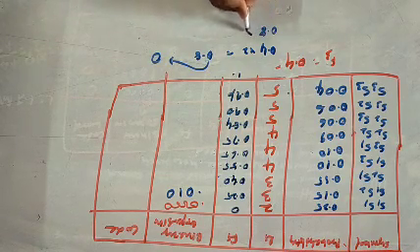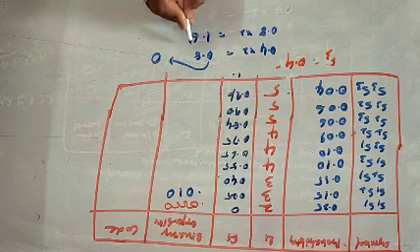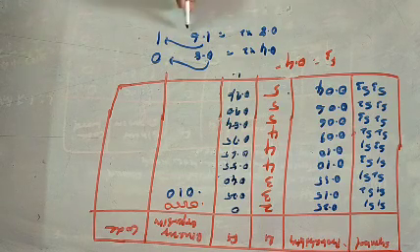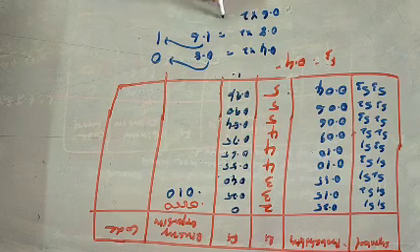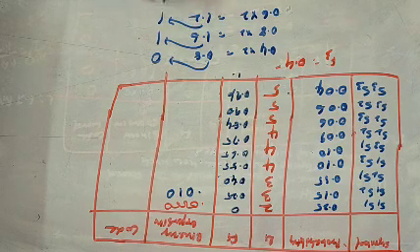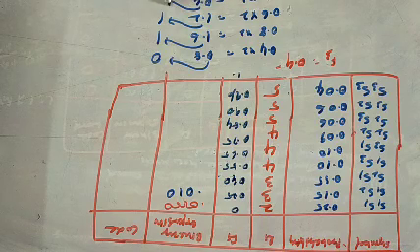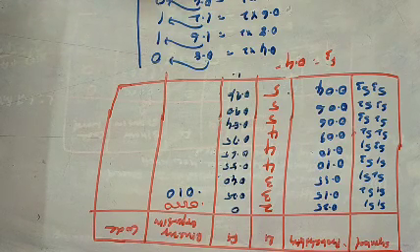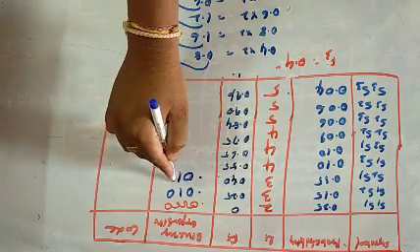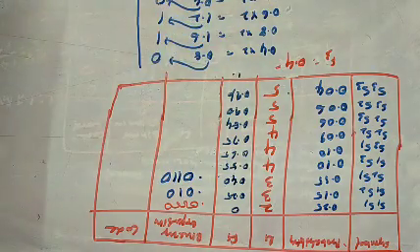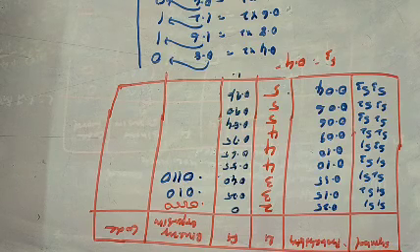Then 0.8 times 2 becomes 1.6 with carry 1. Take 0.6, as the 1 has already been taken. So 0.6 times 2 is 1.2 with carry 1. Then 0.2 times 2 is 0.4 with carry 0. You have to read from top to bottom, so you can write this as 0.0110.